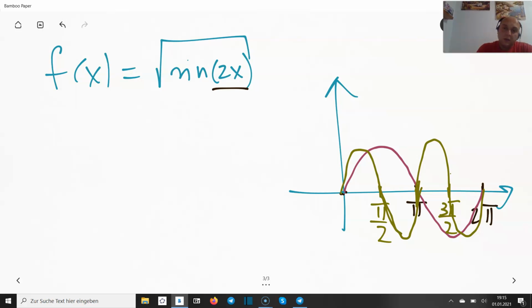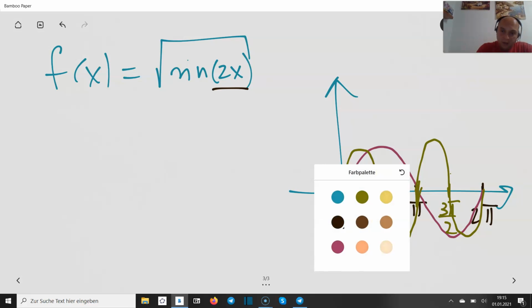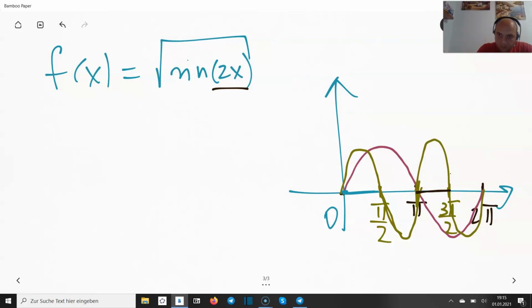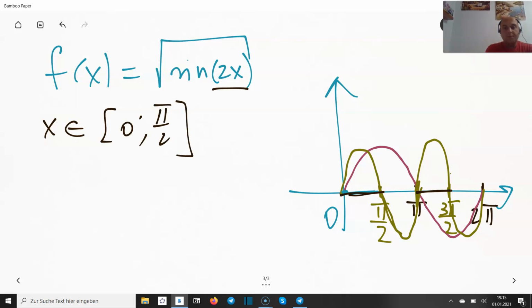So that means we're interested in this part, and we are also interested in that part. So as you can see, x is from 0 to pi divided by 2, and from pi to 3 pi divided by 2, and so on.